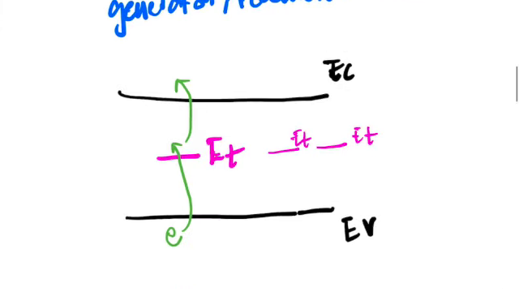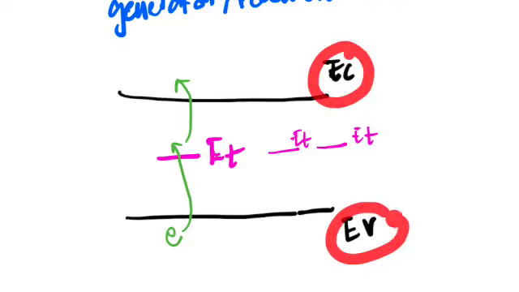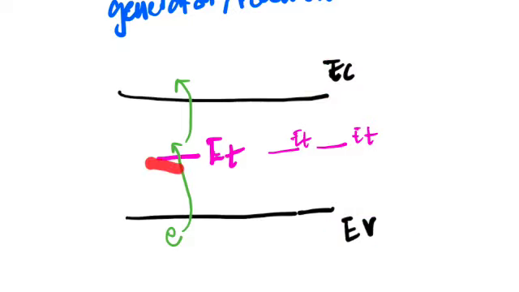Here's an energy band diagram of the semiconductor. We have the conduction band and the valence band, and we have defects trapped inside the structure. We can get generation current band to band, or you can also have generation-recombination current through traps like we discussed before.